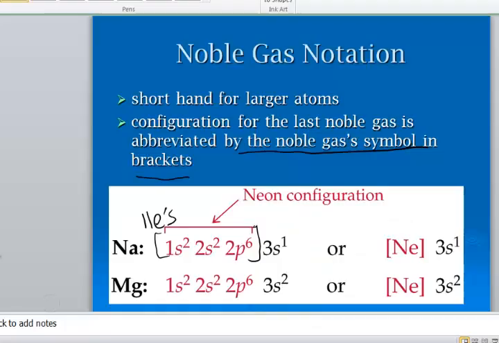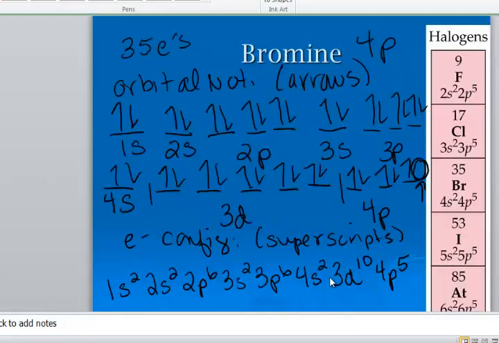So let me show you how I would do that. If you go back up to bromine for just a second, this right here is argon's noble gas configuration. So a shorthand for bromine, I'm going to do this out to the side here. Now I'll do it underneath. I think I can fit it.